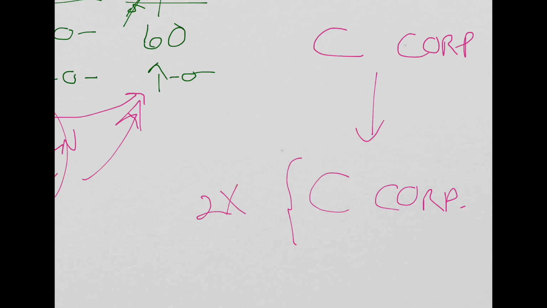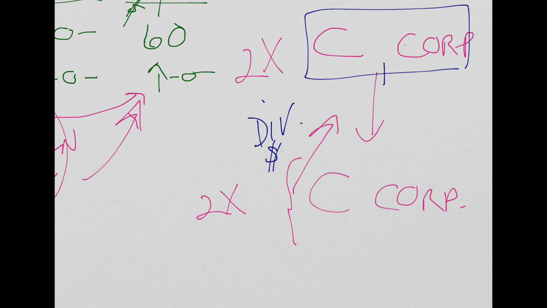And in order to avoid it compounding when a C Corporation pays a dividend to its parent here, this is the parent company, this is the subsidiary, so we allow the parent company to take a dividends received deduction.